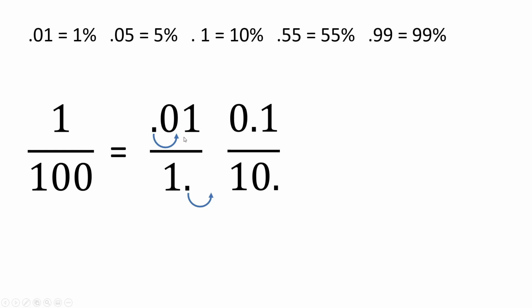If we move it only one decimal, so the numerator, we move the decimal one place, denominator, we move it one place, and now it looks like this. 0.1 over 10, right? And if we move the decimal that second place, we get 1 point over 100 point. This just means where the decimal is placed. But look at what we started with. 1/100th is equal to 1 over 100, right?